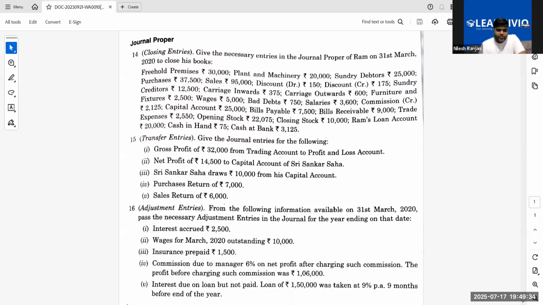Okay, so I have told you about the types of error. There are four types of error. One is called error of principle. Then the second is error of commission.